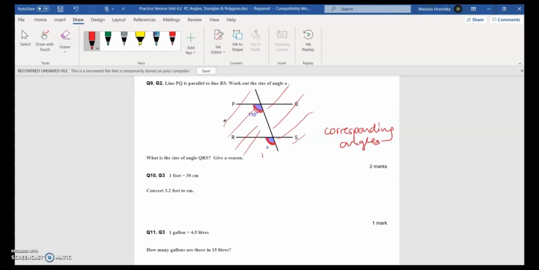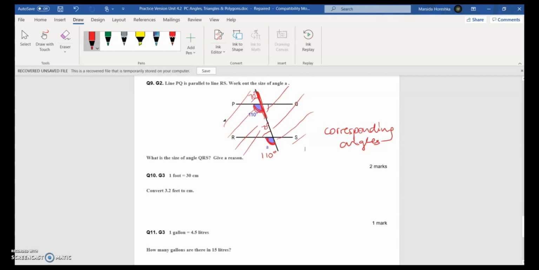And this is going to be 110 degrees, so same size. This one will correspond with this one, and they would be the same size. So these would be, since there is a straight line in here, 180 take away 110, so that gives us 70, and this would be 70 as well.